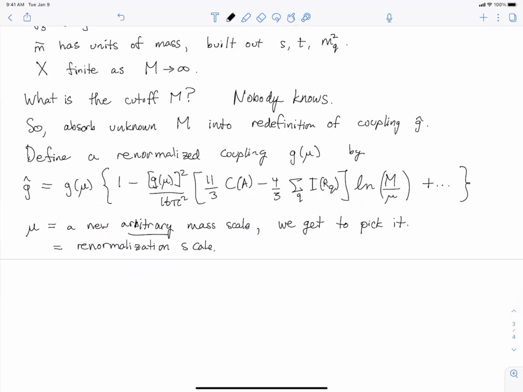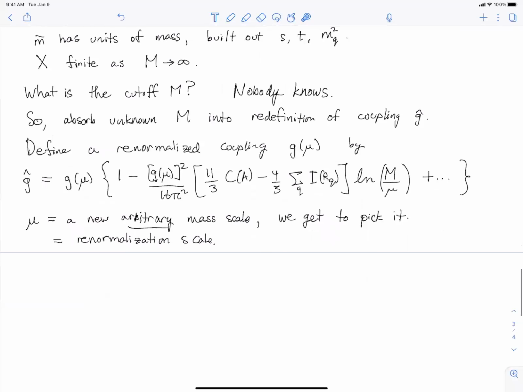That's why I changed notation and called the coupling G hat, because I wanted to define this new G that doesn't have a hat, since I don't want to write hats for important things later. So just to summarize, the original coupling G hat is now going to be called the bare coupling. And G of mu, which depends on an arbitrary scale mu, is the renormalized coupling.